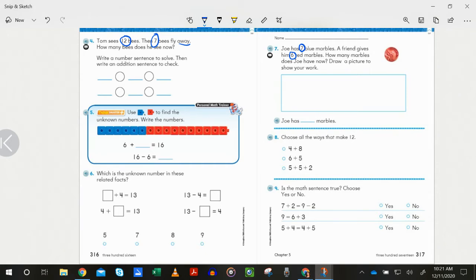So you have to have a picture to be able to earn the star on this one. Then down at the bottom, Joe has blank marbles.